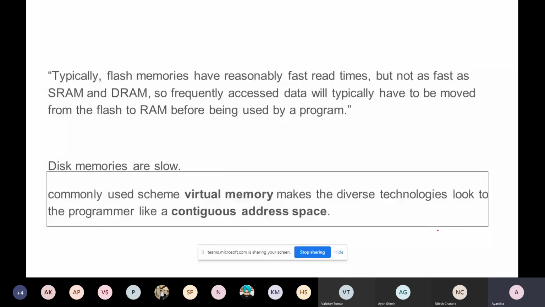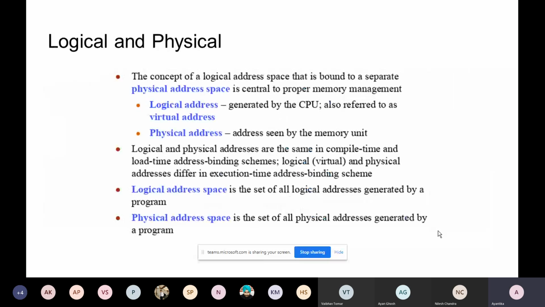Things are not so straightforward actually. Whenever we are writing the program and there is some CPU execution, the concept of memory we are using is the logical address space.